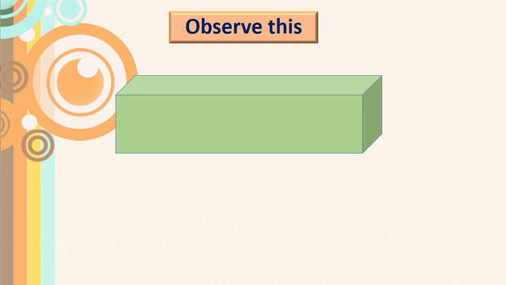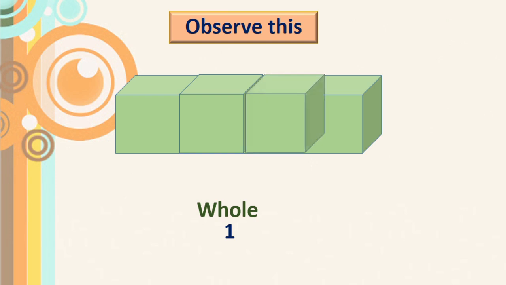Now see this, a wooden box. Now we will cut this. This is whole, you know, correct? We will cut this into 4 parts, exactly of the same measurement. Can you see here? 4 boxes.